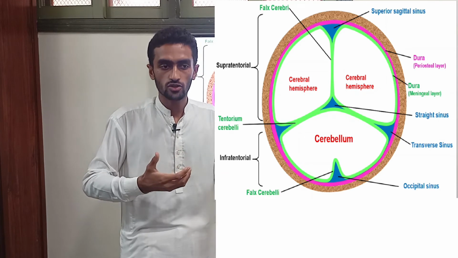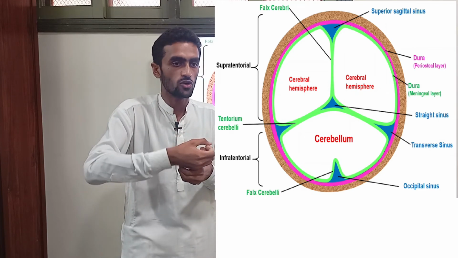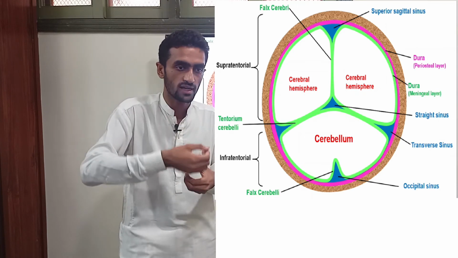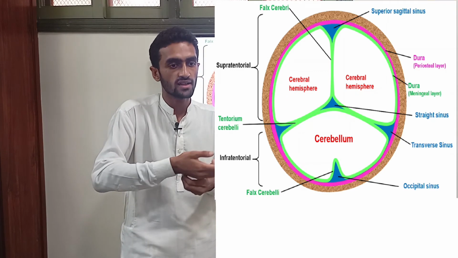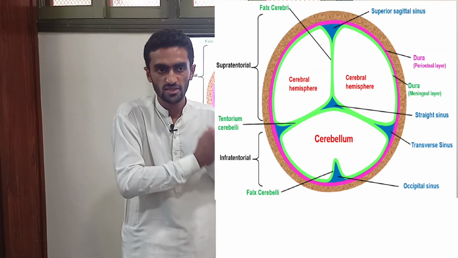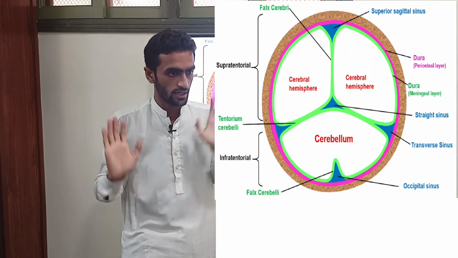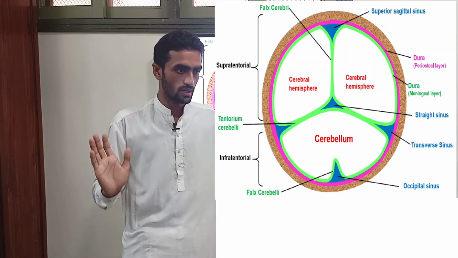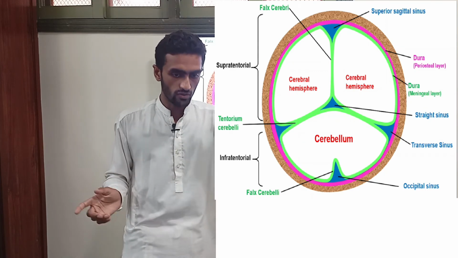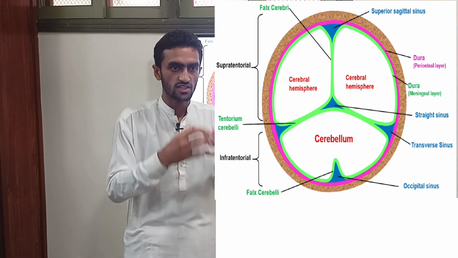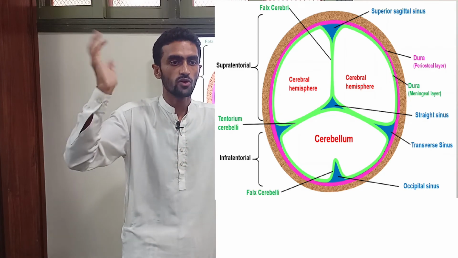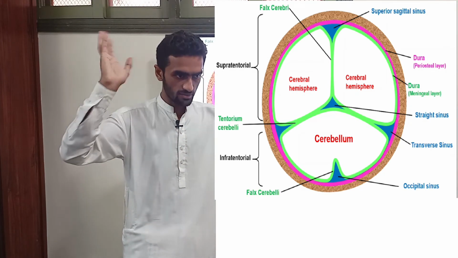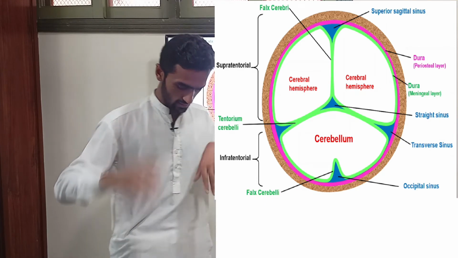That notch is called the tentorial notch. Are you clear? Yes. The picture may be present or not, but you will find it in the books. So the tentorial notch is the opening for the midbrain, the pons, and the medulla oblongata.